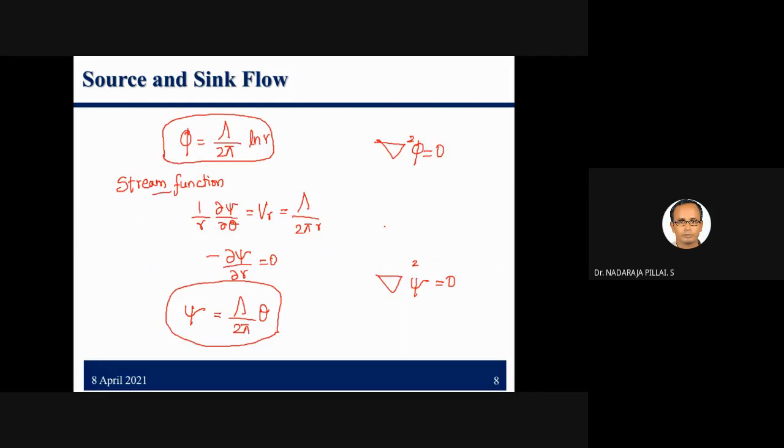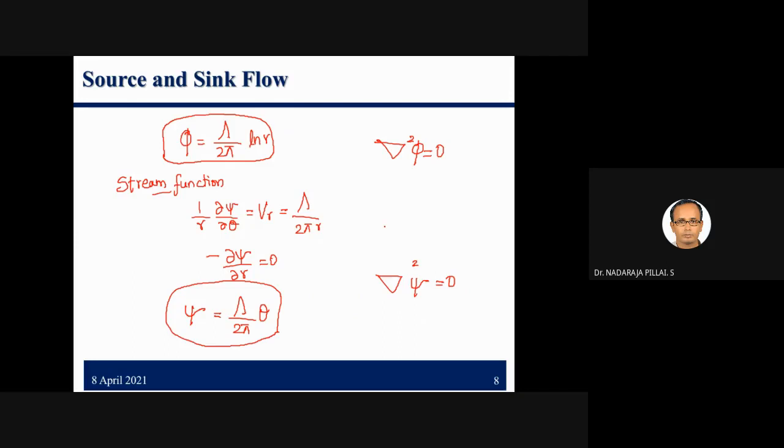And at the final point, we arrived at the Laplace equation, del square phi and del square psi equal to 0. That means that your phi and psi satisfy the Laplace equation.